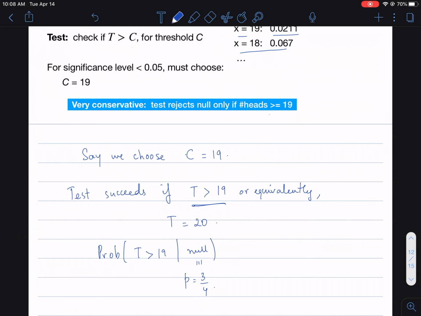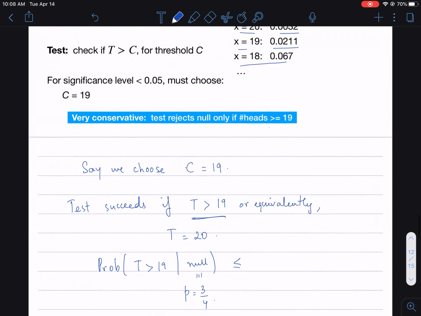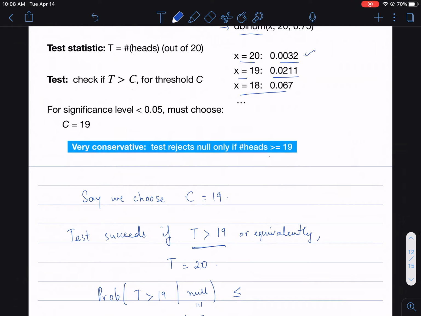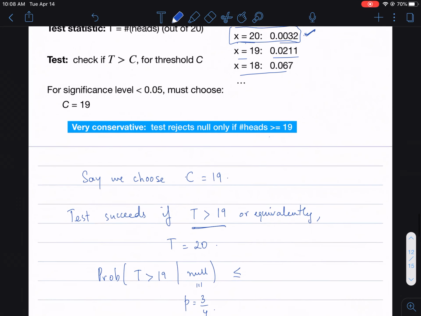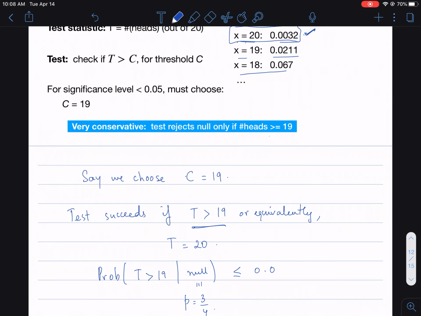So this is always less than or equal to this value, which I obtained by plugging in p equals 3/4 and x equals 20. So that's like 0.0032, about 0.32%. This is a really tiny value.